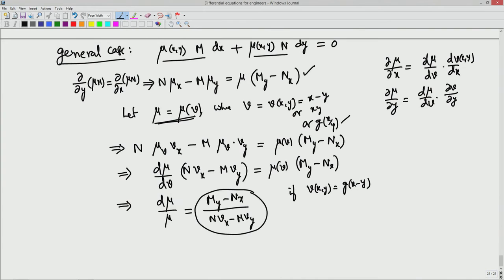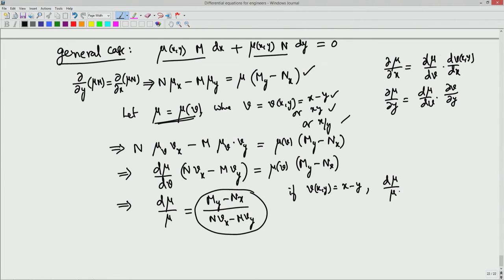It could also be xy, or a simple form like x by y, any of these things. Okay. Then let us say x minus y. If you choose this, what happens to this equation? This equation becomes d mu by mu. What is mu? Mu is a function of v, so that is mu of x minus y.